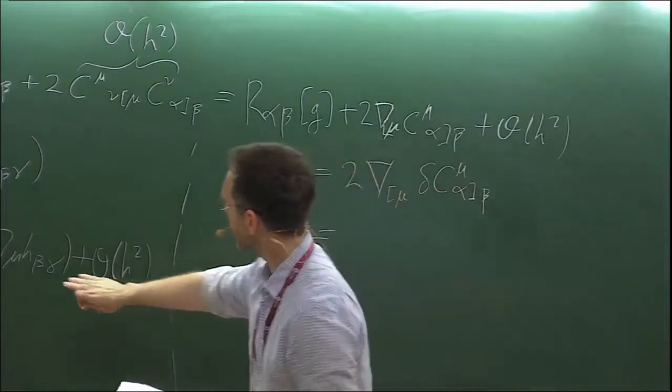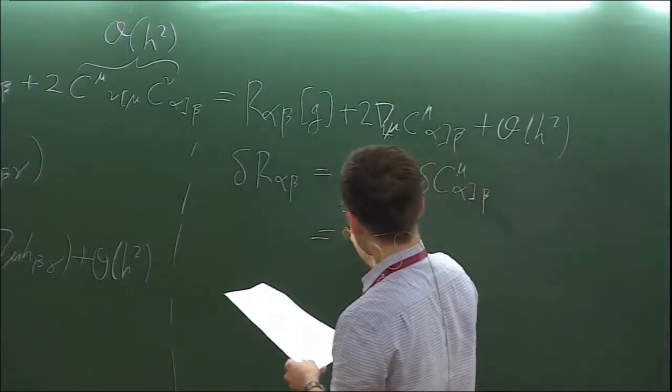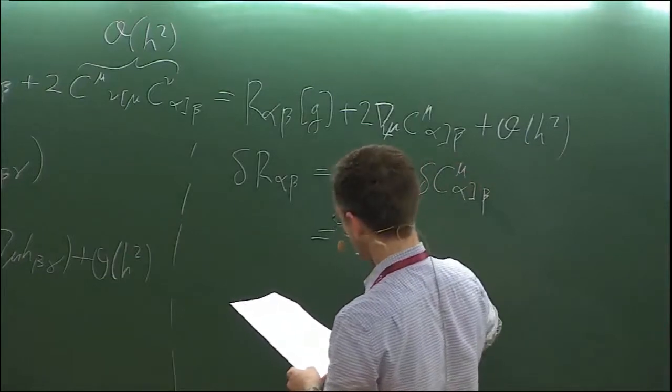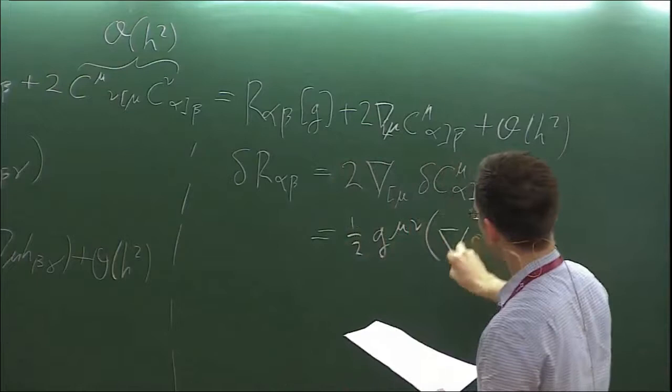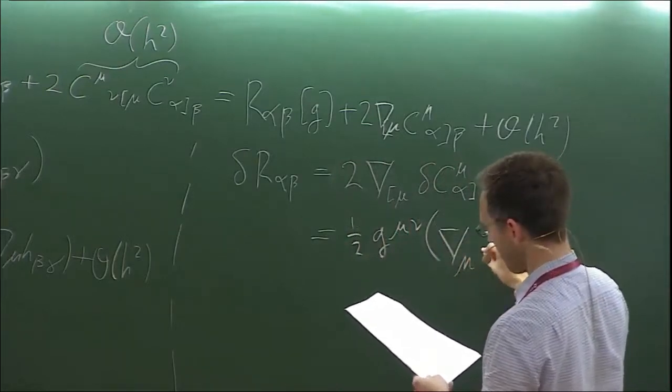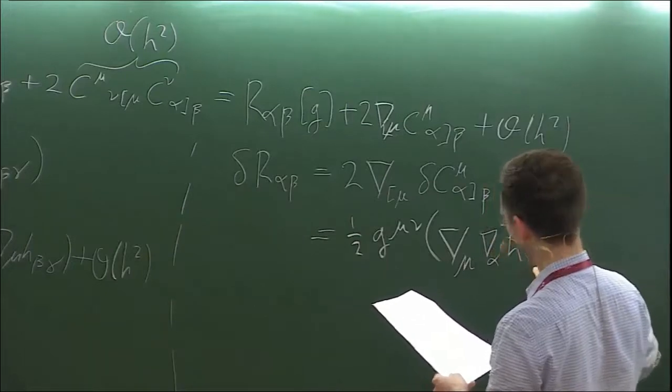So if you plug this formula in, what you get is a sum of different second derivatives of the metric perturbation h.